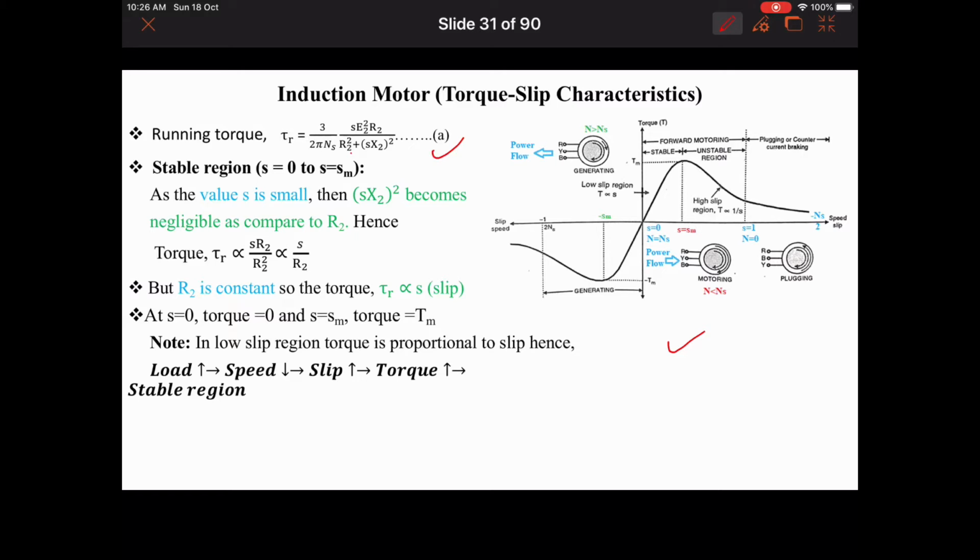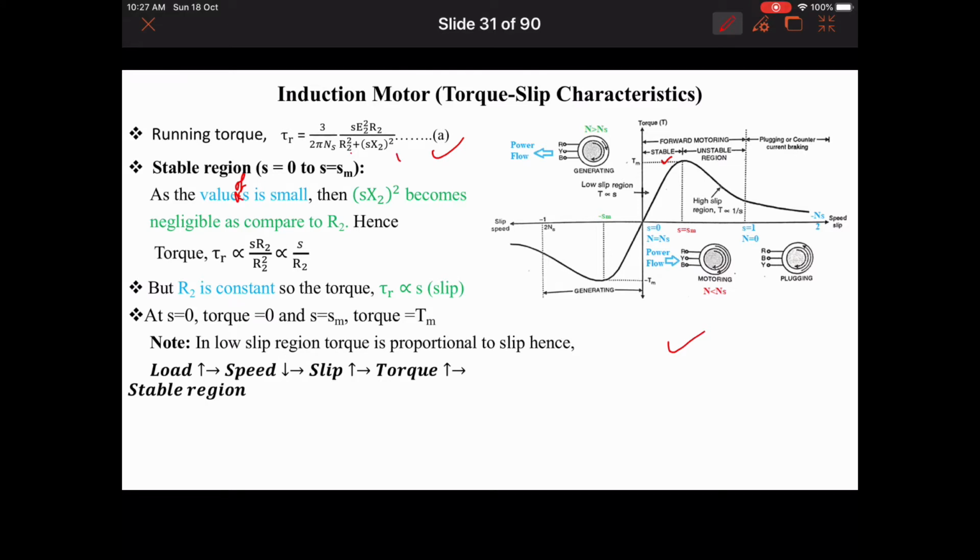In the stable region, s is equal to 0 to s is equal to sm, meaning the value of the slip is varying from 0 to sm. As the value of s is small, s x2 square becomes negligible as compared to the r2.